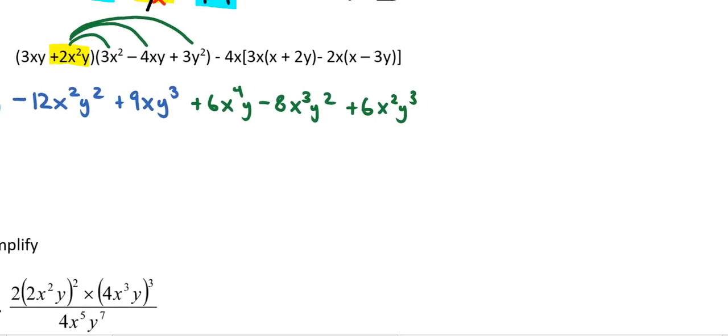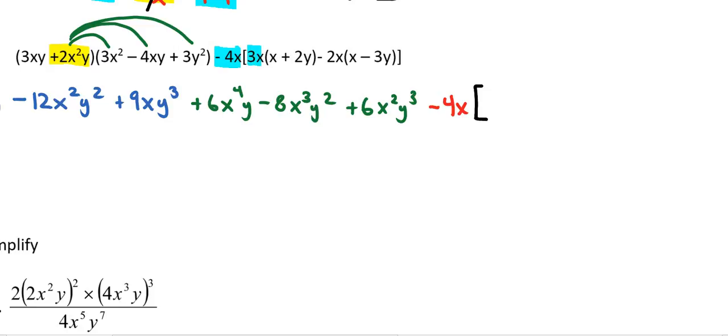Alright, the next thing I see is this negative 4x. That negative 4x I'll just tag along right here. And then I'm going to put the square brackets next to it. And then let's deal with this 3x right here.